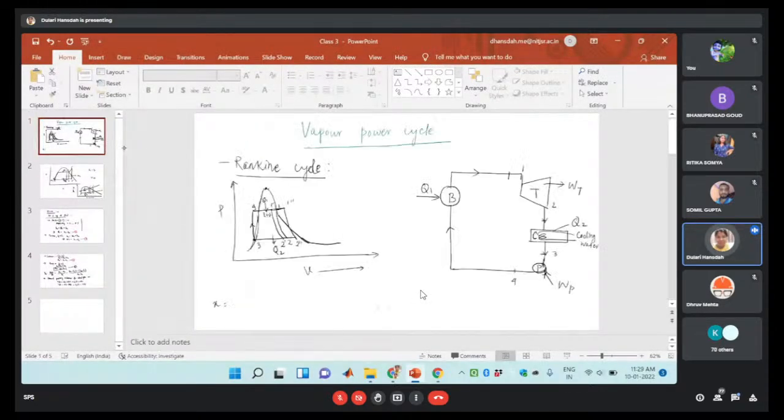I have told you that this is the Rankine cycle, the ideal cycle used for evaluation of the vapor power plant or steam power plant. So it is also known as the vapor power cycle. Ideal case means all the processes will be reversible.